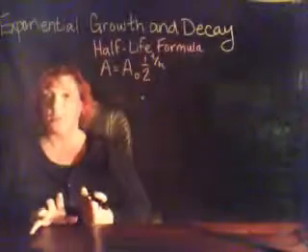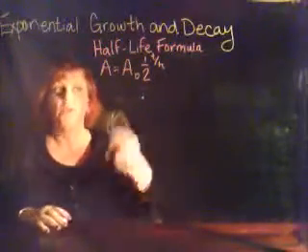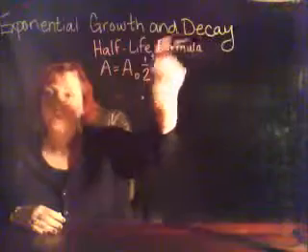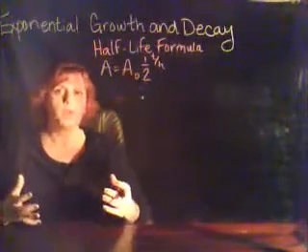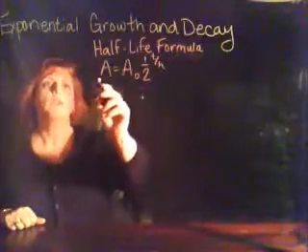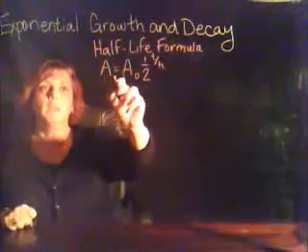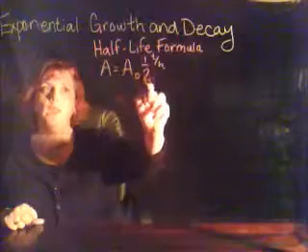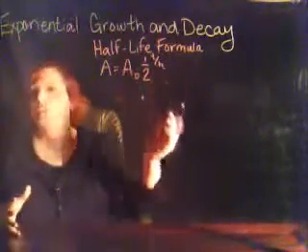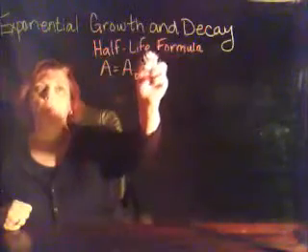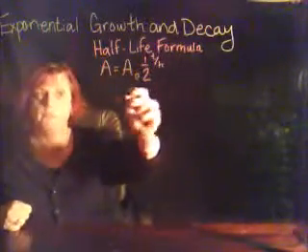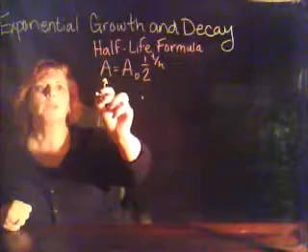Just like there was a doubling formula, there's a half-life formula. This is a shortcut for our decay formulas because we're so often using half-life, particularly with radioactive substances. So the formula states A equals A sub 0 times 1/2 raised to the t over h. It's identical to the doubling formula. Instead of what do I want when it's doubled, I want when it's half. So A is my ending.